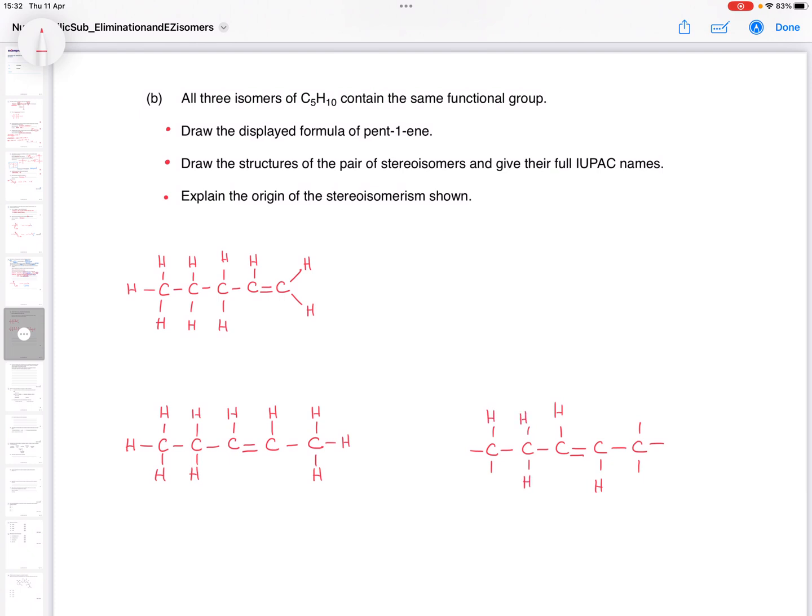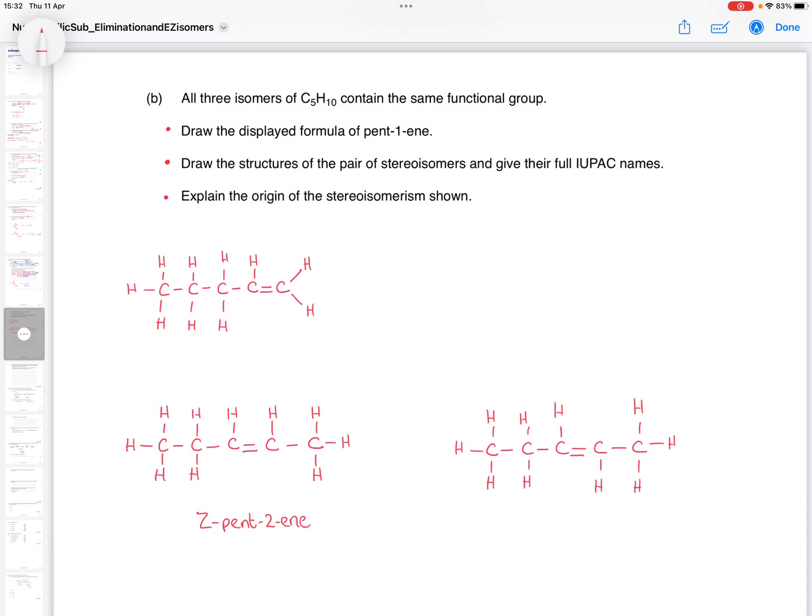Note how I've drawn the hydrogens on either side of the double bonds on either side to each other. So in the one on the left hand side we've got the two priority groups, the CH2 CH3 and the CH3 on the same side and the two hydrogens on the opposite side. So this one is Z-pent-2-ene.